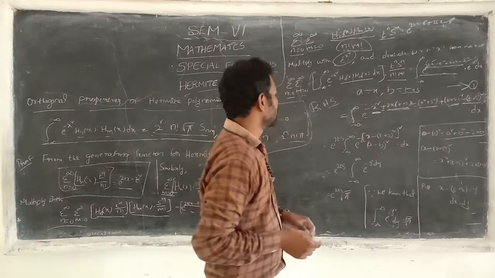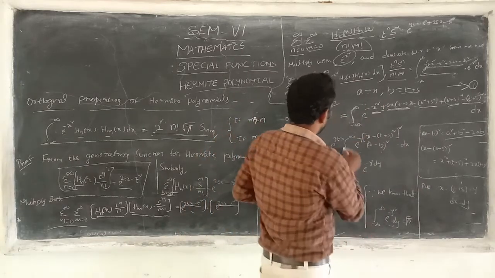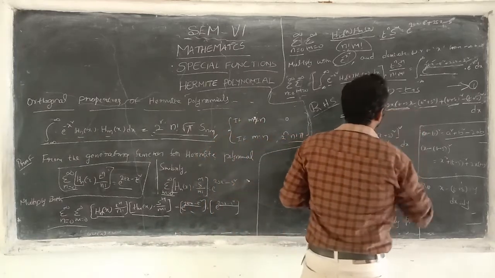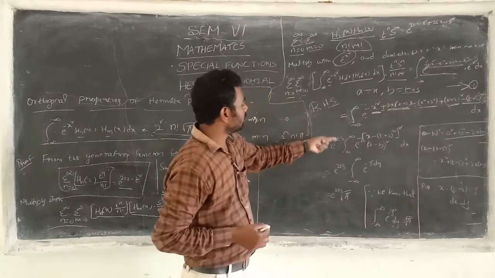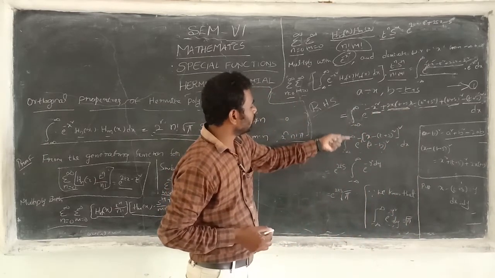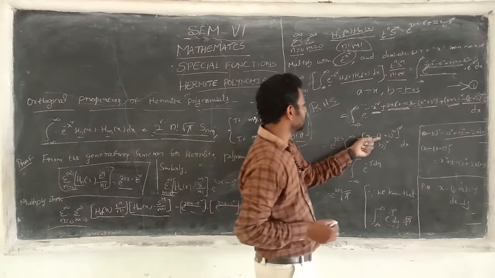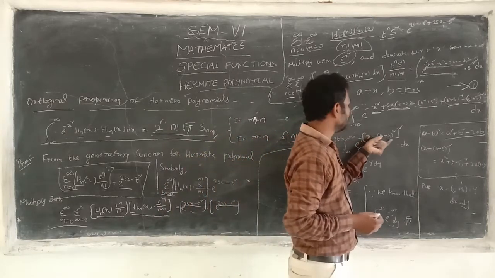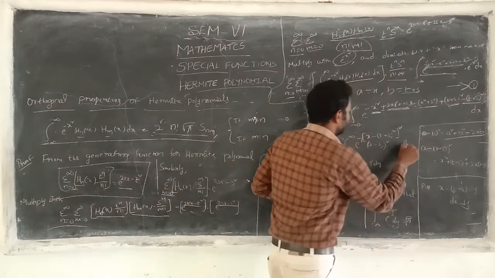Next, we have e^(2xt) times the integral from minus infinity to plus infinity of e^(−(x − t)²) dx.